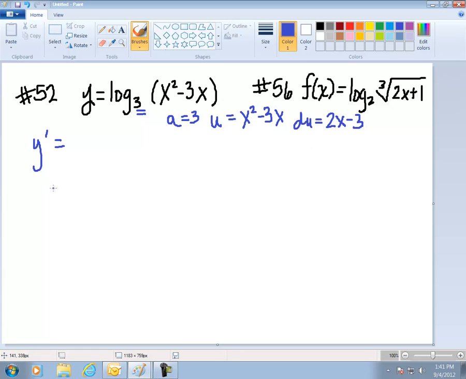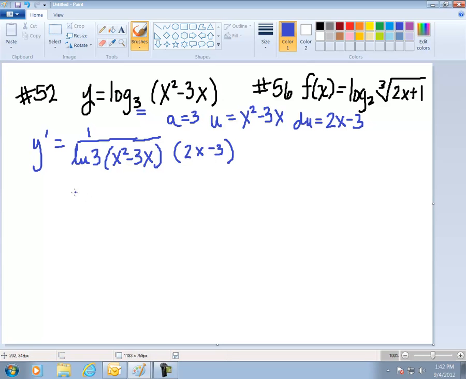So I'm going to use all that information, and now using that rule we just talked about, y prime is equal to 1 over the natural log of a, so that's going to be the natural log of 3, and then times my u, which is x squared minus 3x, and now all of that is going to be times the derivative of u, which would be 2x minus 3.